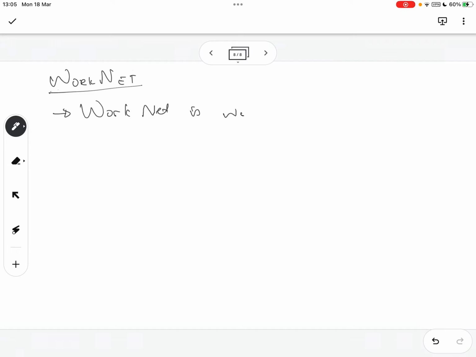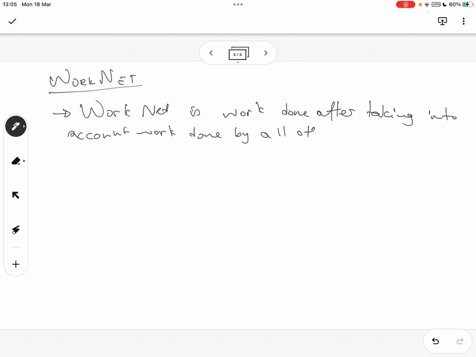WorkNet is work done after taking into account all the other forces, the work done by all other forces on an object.